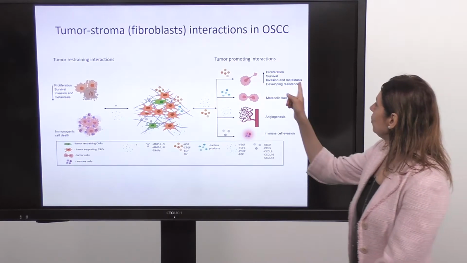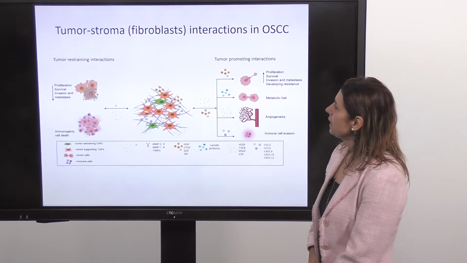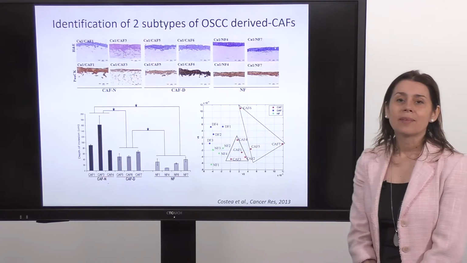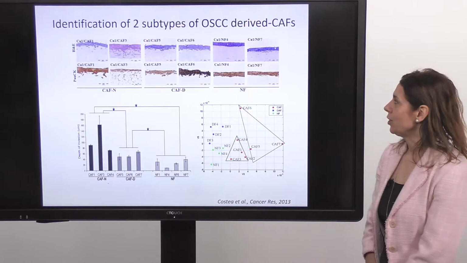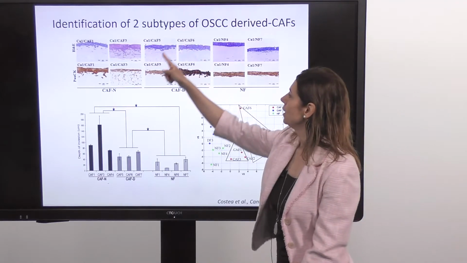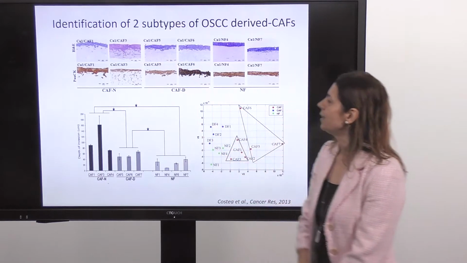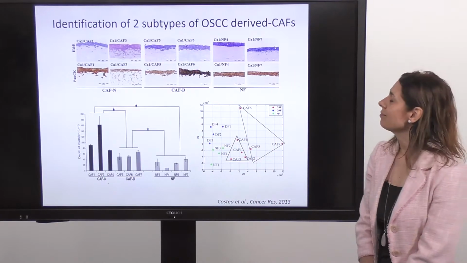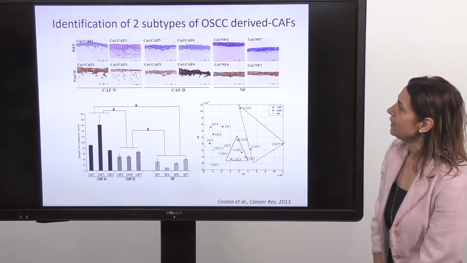Now I would go towards more invasion and metastasis studies. And this is a study from our group. It's the same study that I have shown you some results on the fibroblasts derived from dysplasia.